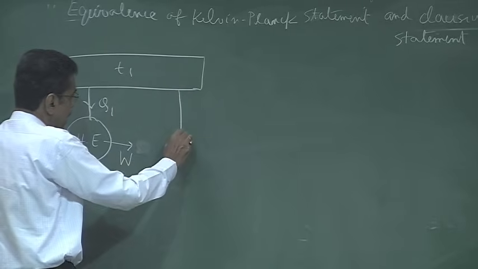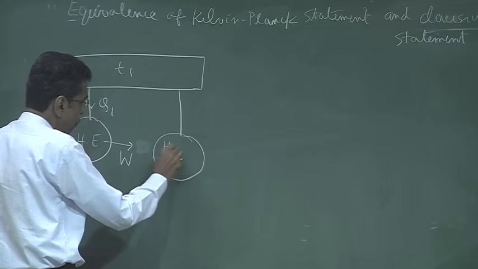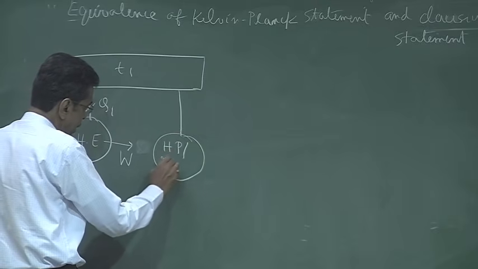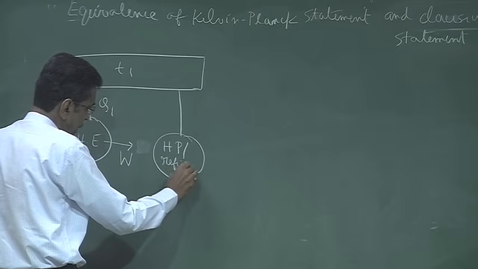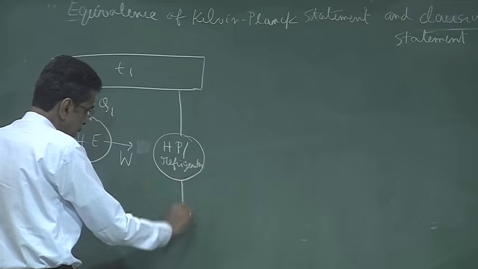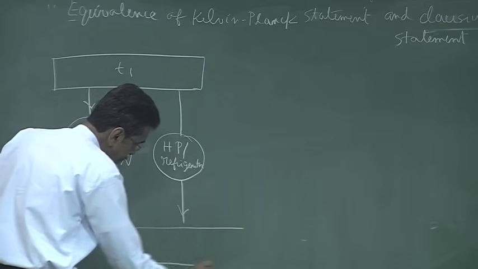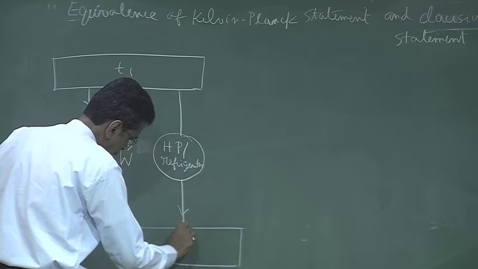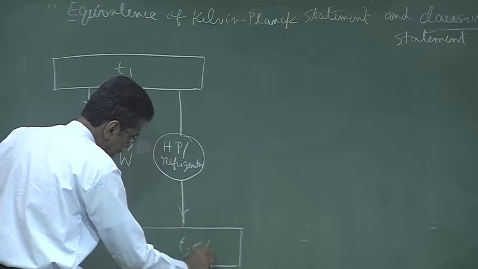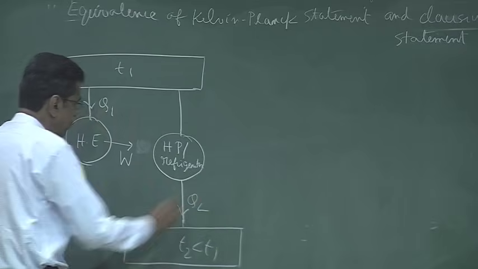Now we consider a heat pump or a refrigerator which takes heat from a low temperature body T2, which is lower than T1, taking some heat QL.